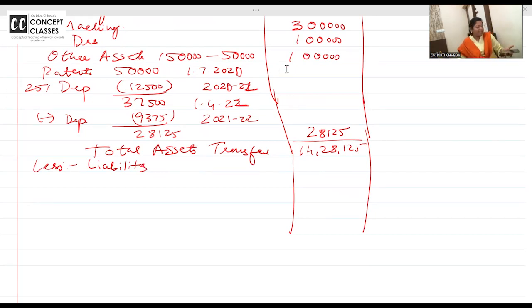Why did we not take the depreciation from July? Dear students, you have forgotten that in income tax, depreciation is not calculated day-wise. If you have acquired it in July 2020, is it used for more than 180 days? Then depreciation is allowed for the whole year. If the asset is used for less than 180 days, then depreciation is allowed at 50%. Like in accounts, we don't calculate depreciation for 9 months and 6 months.